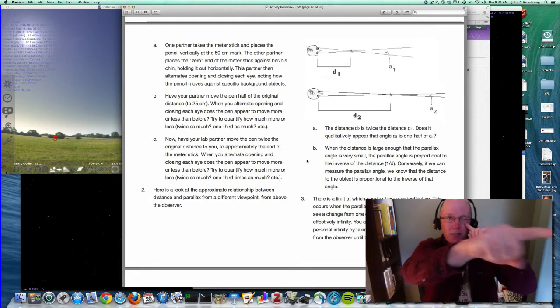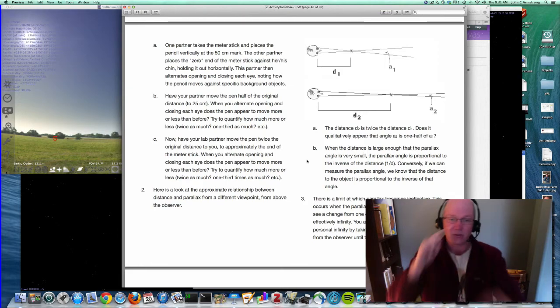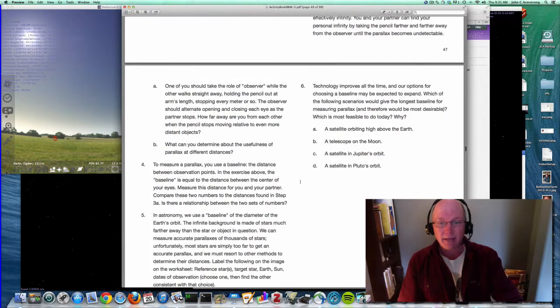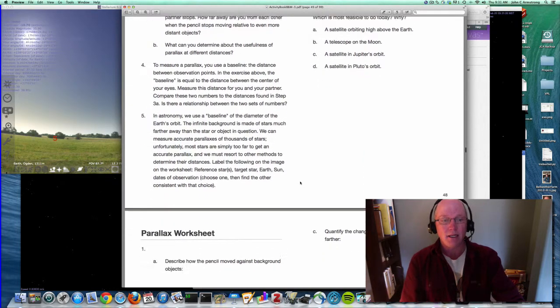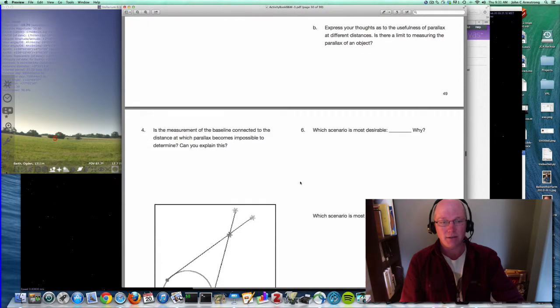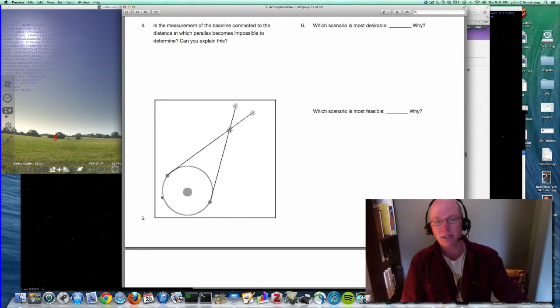So you've got your one observation this way and your one observation this way. And then the purpose is to apply that to solar system information. That solar system information is a diagram that looks like this. You're going to construct the diagram with the solar system and the nearby stars and figure out the relationship between our baseline here in the solar system and our reference star.